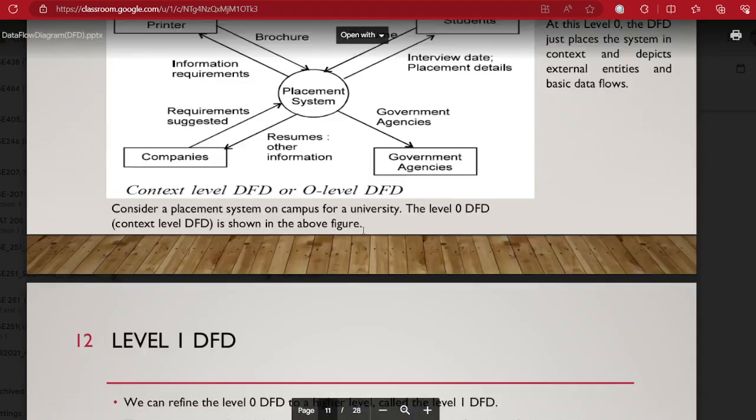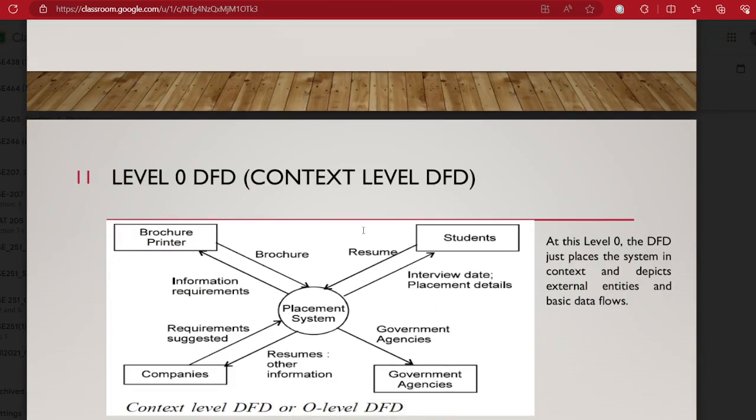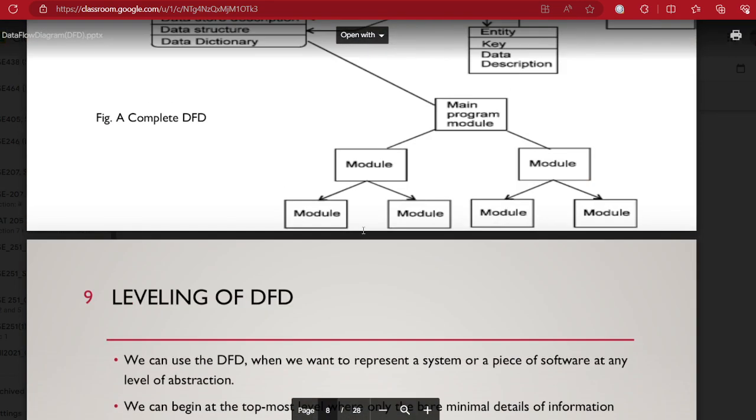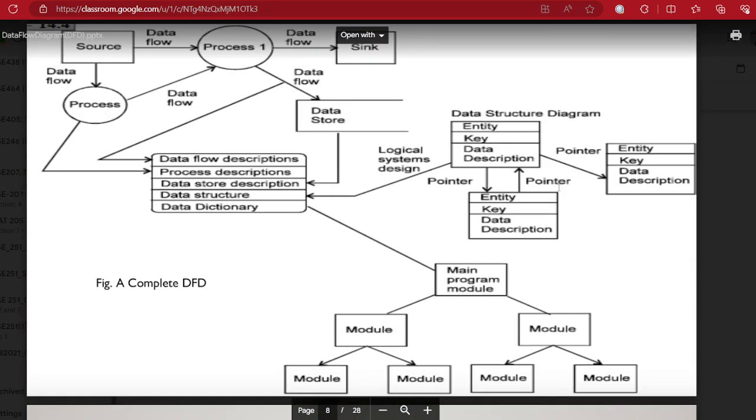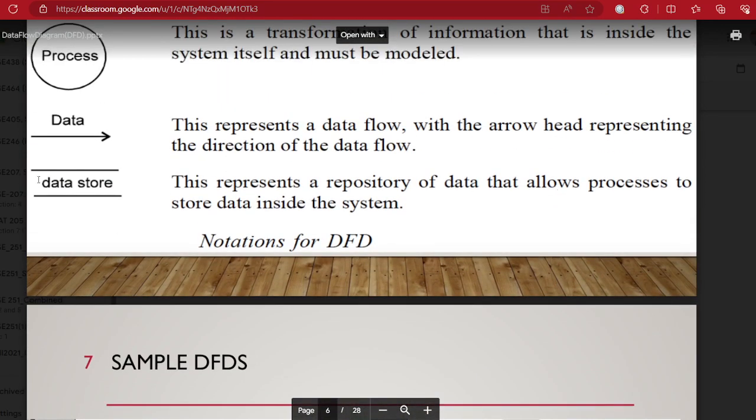Okay, so it's recommended to not present the details of your data stores in the level 0 DFD. So that's recommended, of course.